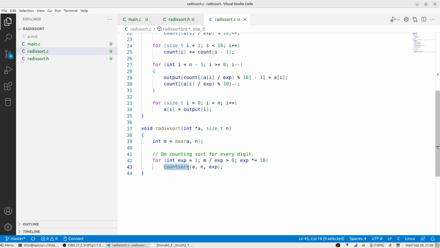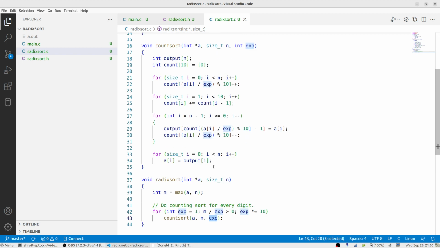And then you call count sort with a, n and exponent. Note one key factor: if it's binary, this should be 2, and this should be 2, and this should be 2. If it is hexadecimal, these should be 16, and in case of octal 8. So depending on your number system, this should be a different number.